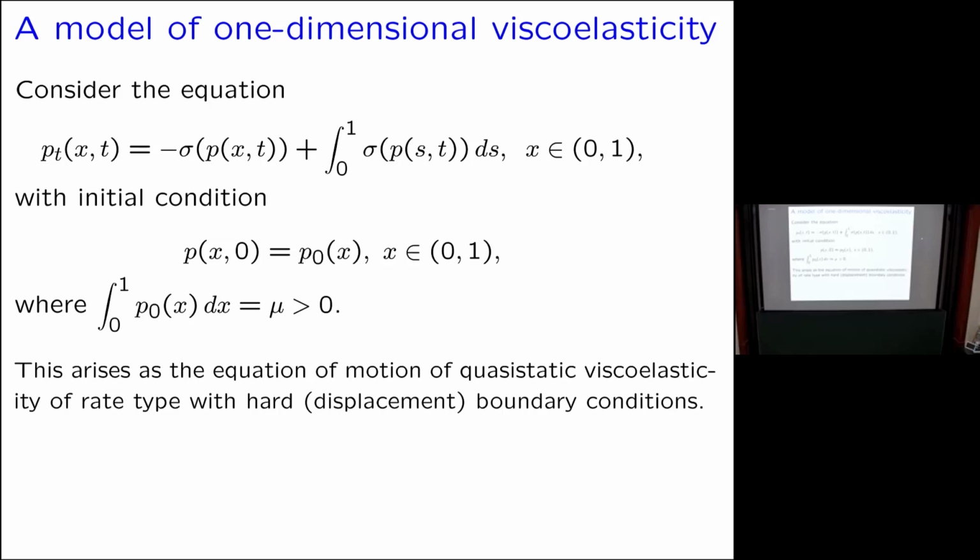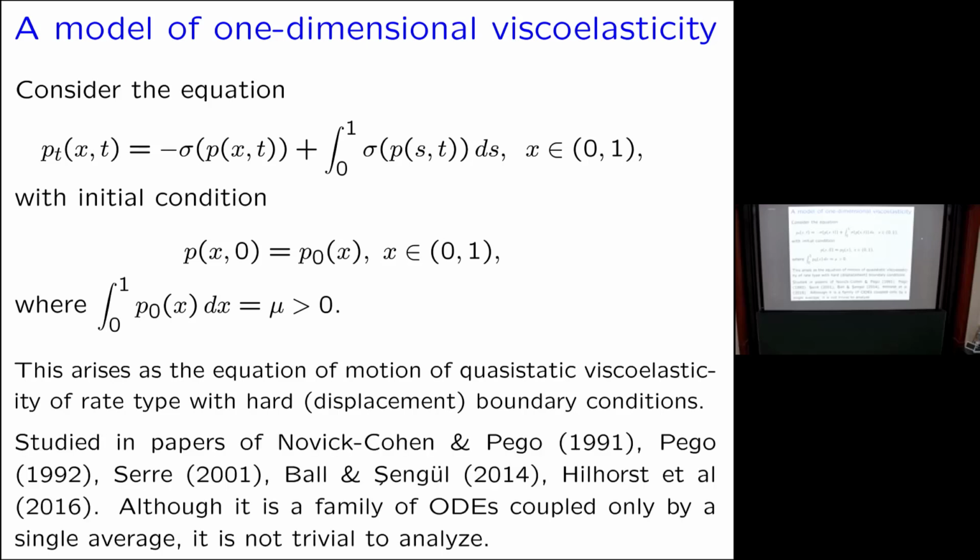And this equation, as I'll show, arises as the equation of motion of quasi-static viscoelasticity of rate type with hard, that is, displacement boundary conditions. It's studied in these papers here.